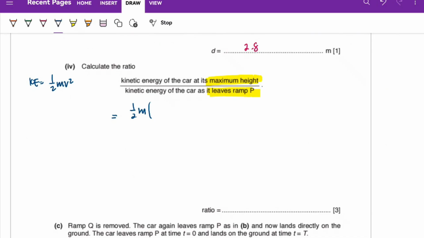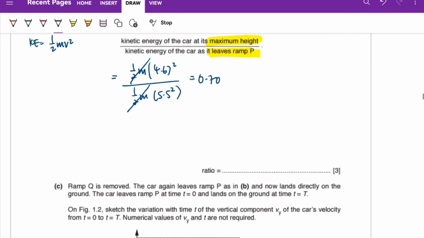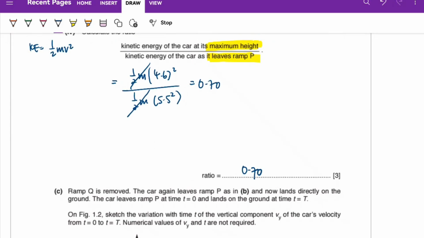At maximum height, it is 4.6 square. As it leaves the ramp, it is 5.5 square. So these two can be cut, and this will give you 0.70 as your ratio. So this is your ratio. In physics, ratio is always given in decimal.